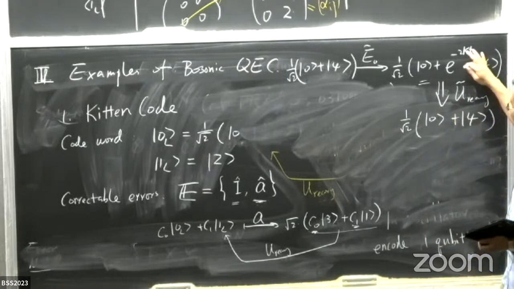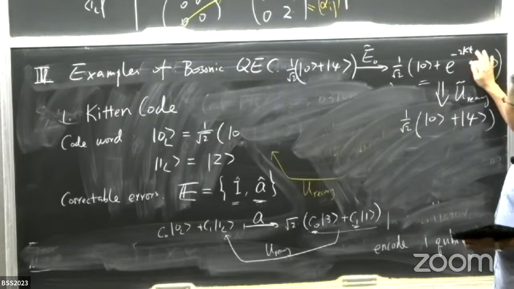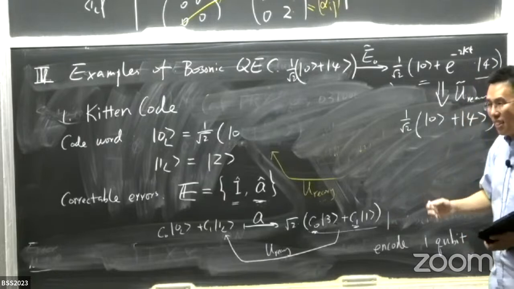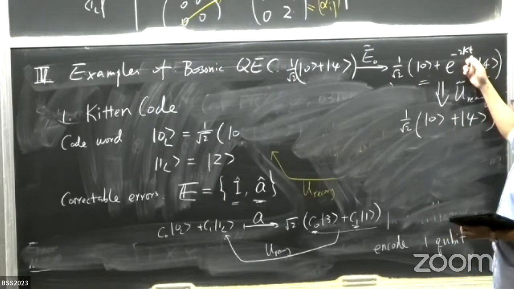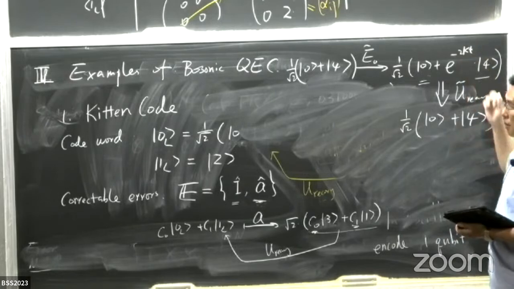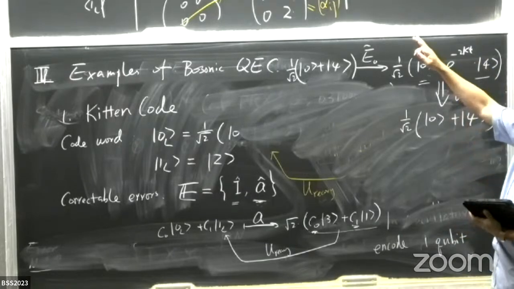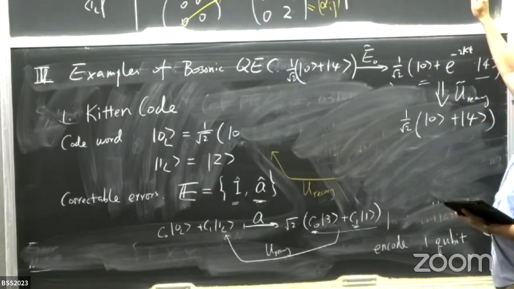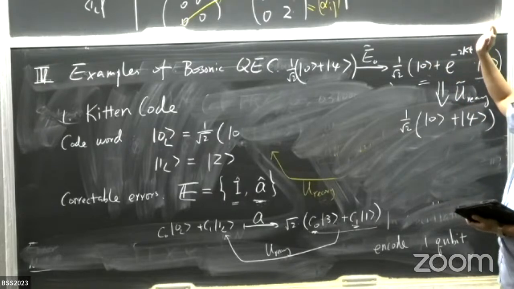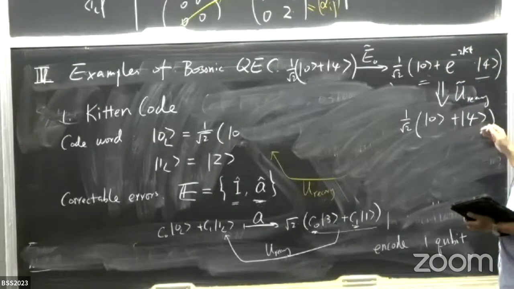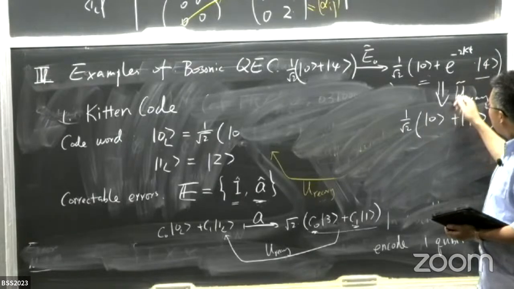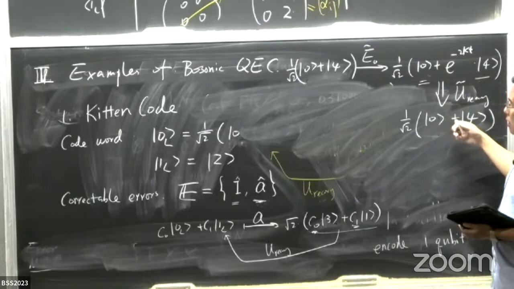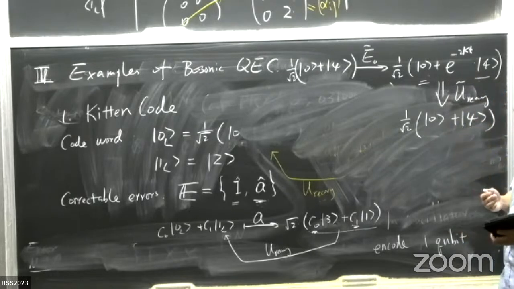Because if you don't do that correction, the population in the 4 state will keep decreasing, and you will end up in the vacuum on the order of time kappa inverse. But the claim for this code is that it should be able to store the information for the order of 1 over kappa squared, right? So we need to make sure that we restore to the code word so that it maintains the capability to correct errors.